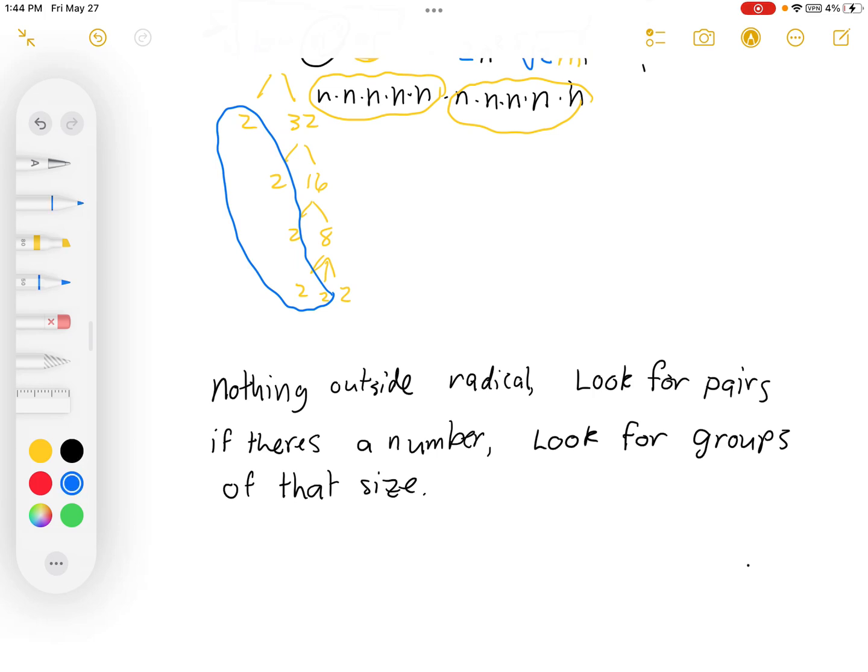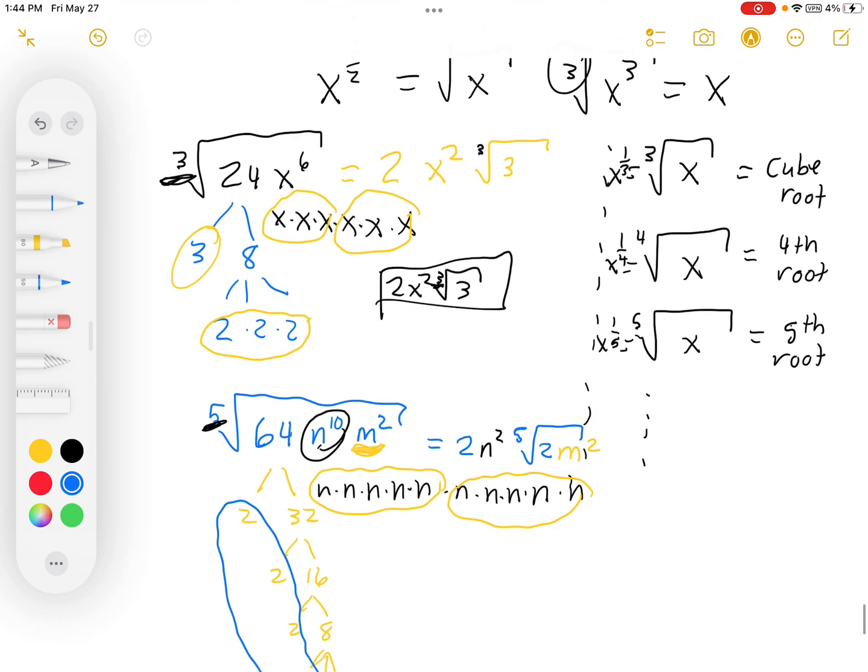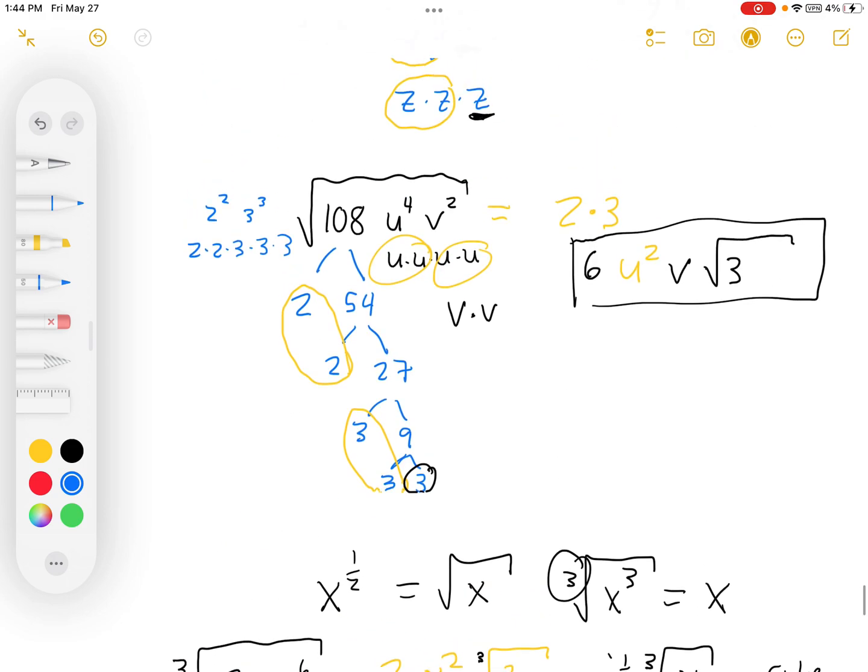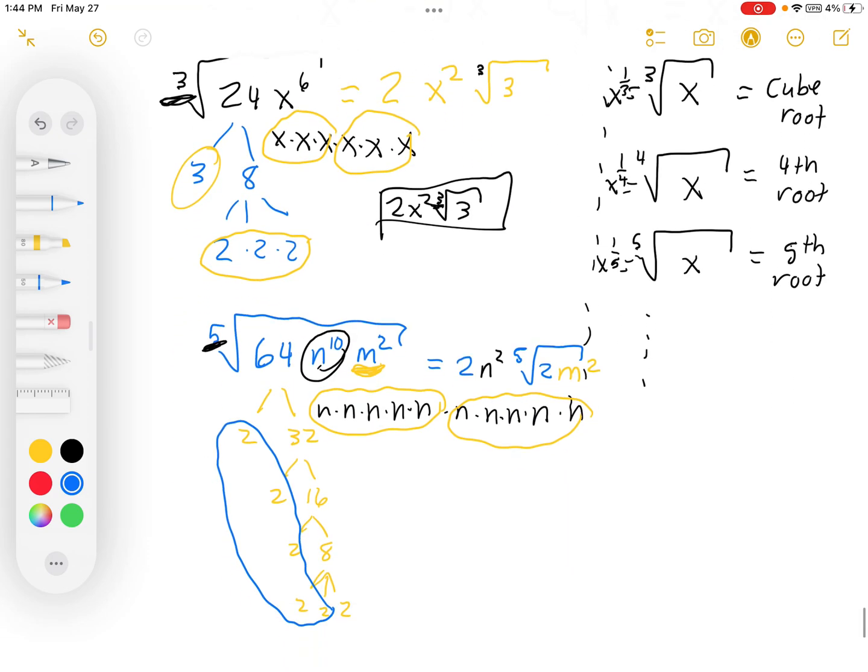Also, one last detail, multiply numbers. We did an example of that right here. When we did 108, we had 2 times 3 on the outside. We multiplied those numbers together.